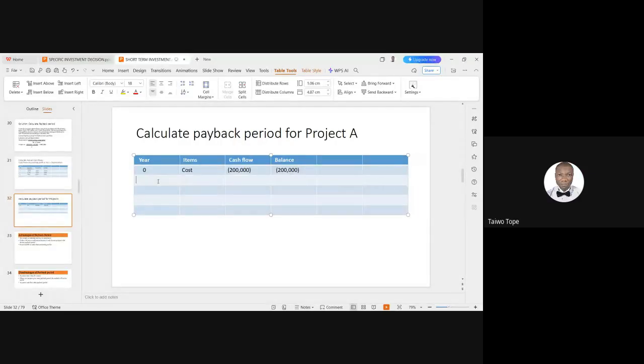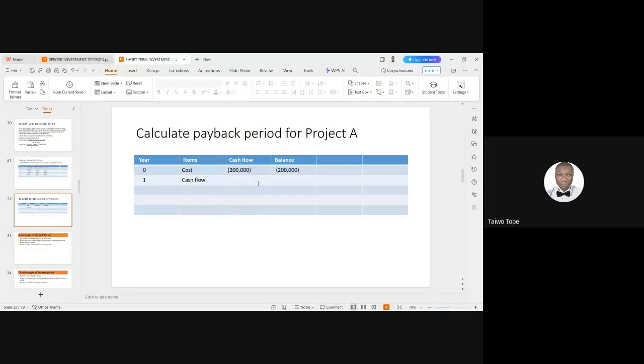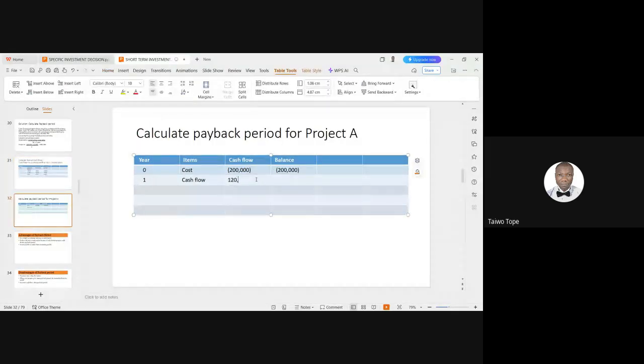In year 1, do you have any inflow? Yes, 120,000. Cash flow, 120,000. See it here.